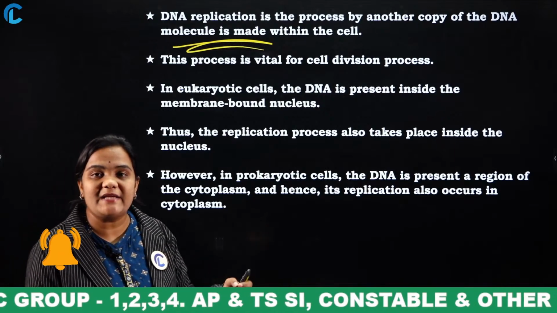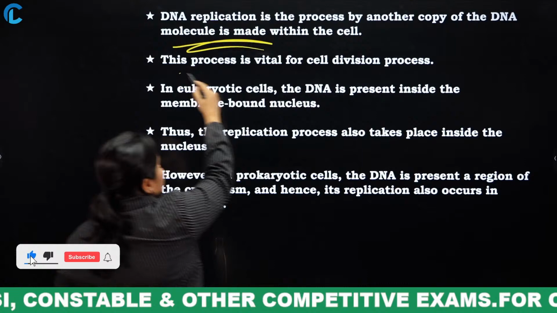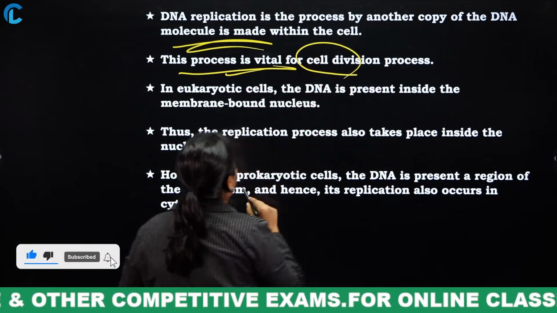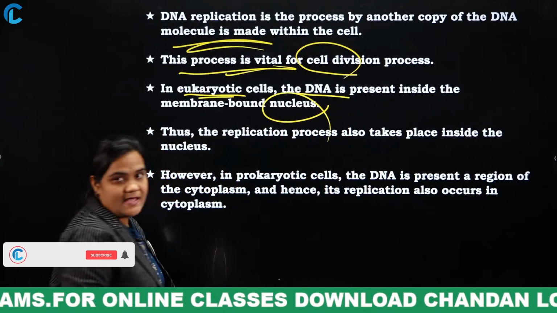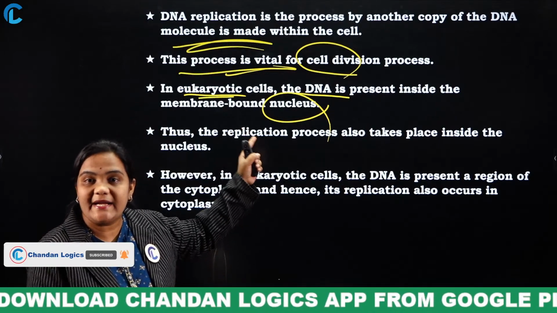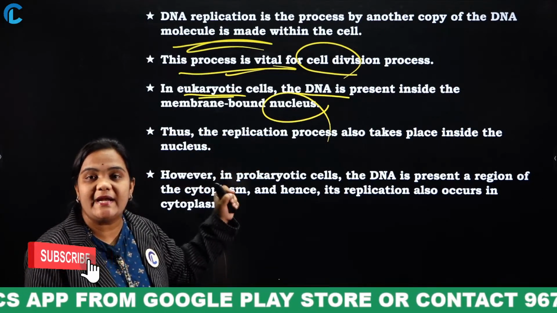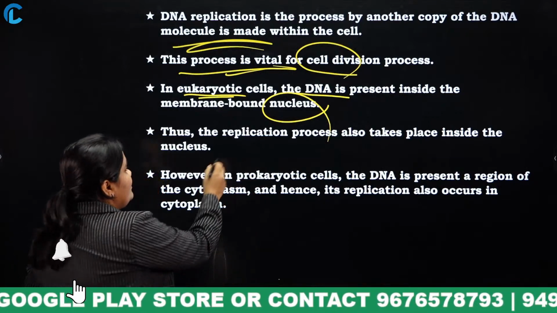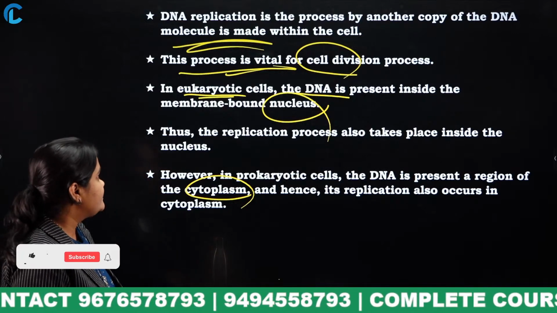Replication means a copy of the same DNA. This process is vital for cell division. In eukaryotic cells, the DNA is present inside the nucleus, as I said earlier. In eukaryotic cells DNA replication is found in the nucleus, and in prokaryotic cells it is found in the cytoplasm. Clear? Next.